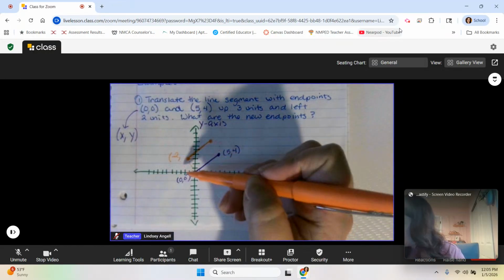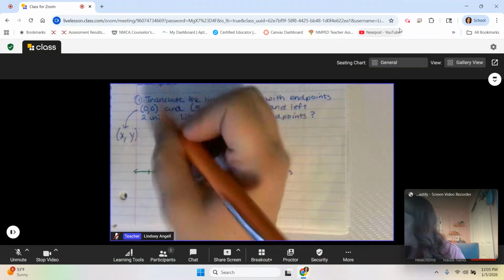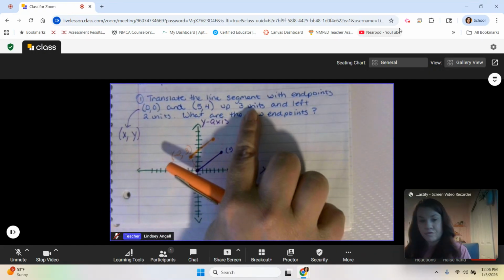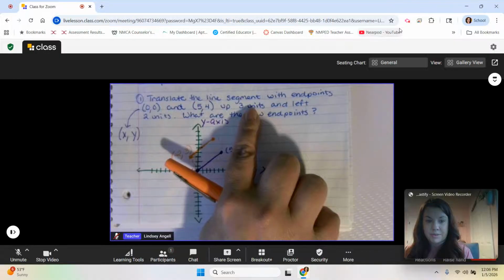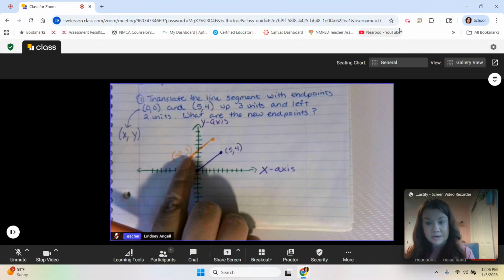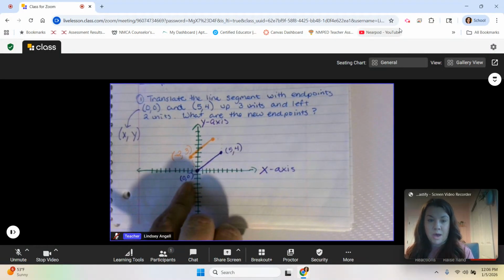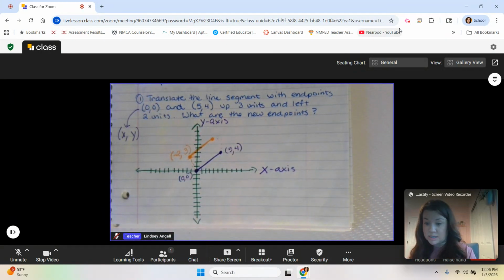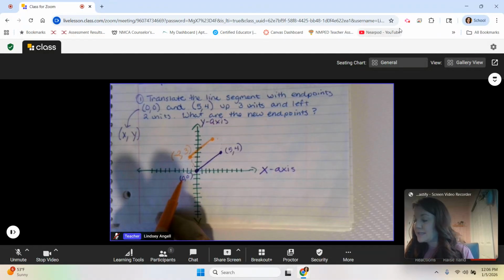And my new y value is 1, 2, 3. And notice, from the directions it said I went up 3 units, so I added 3 units to my y value, and then left 2 units means I subtracted 2 from my x value.